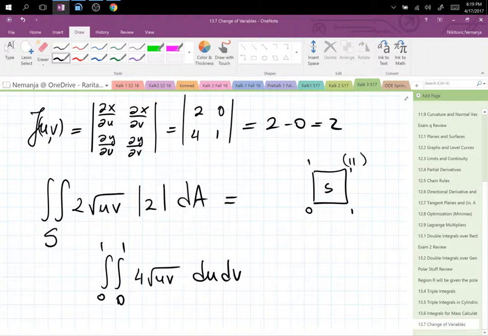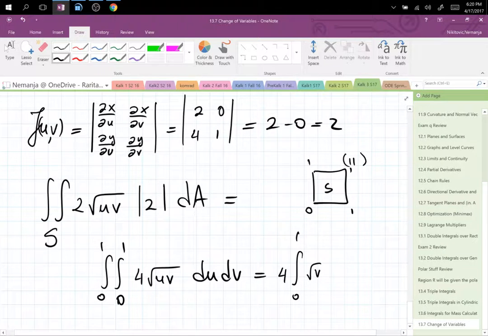So all you need to do now is to integrate. So if you're integrating in terms of u, v is a constant. So you just compute. So this now turned into a 13.1, right? Rectangular region basic integral. For 0 to 1, the integral in respect to v stays.